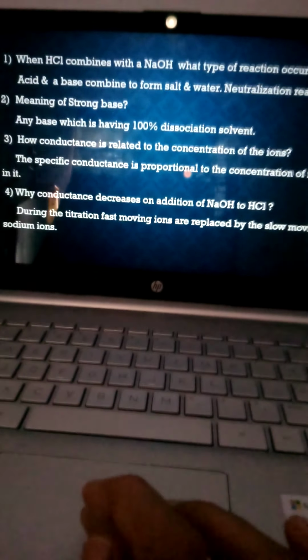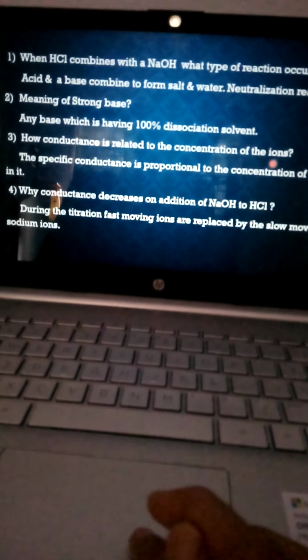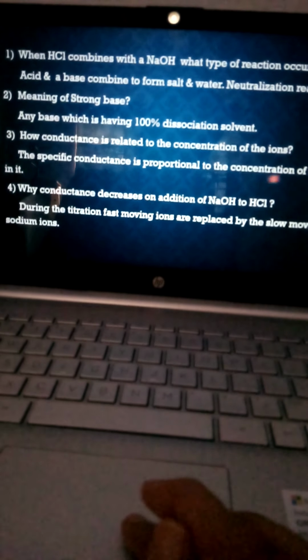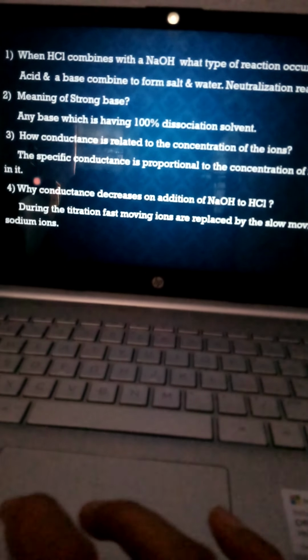The conductance is proportional to the concentration of the ions in the solution. In a conductometric titration, the conductance majorly depends on the concentration of the ions.